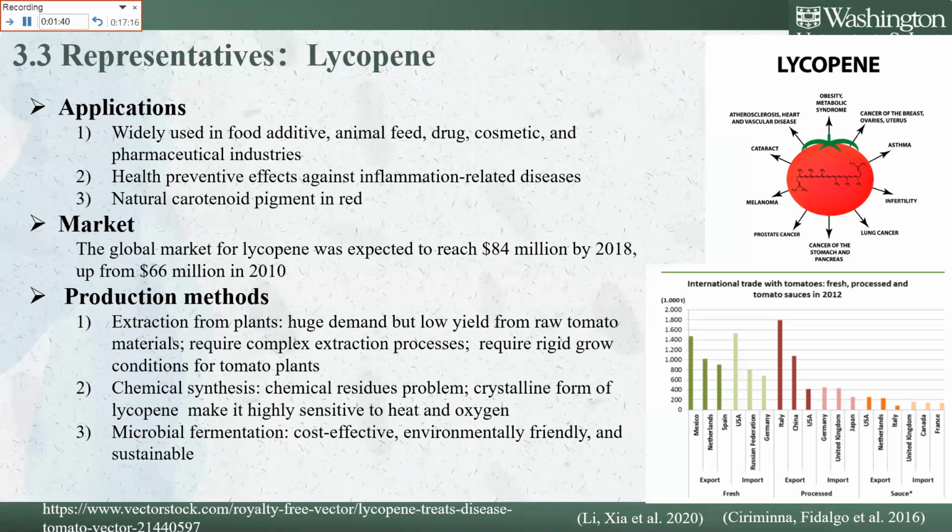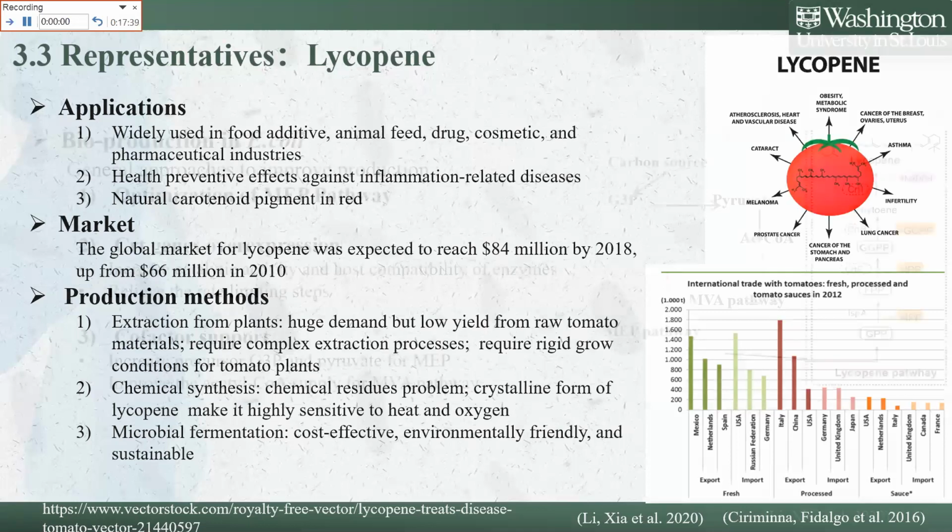Also it may be very sensitive to heat and oxygen. Because of the disadvantages of the 2 methods, microbial fermentation comes into use, and it's cost effective, environmentally friendly, and also very sustainable.